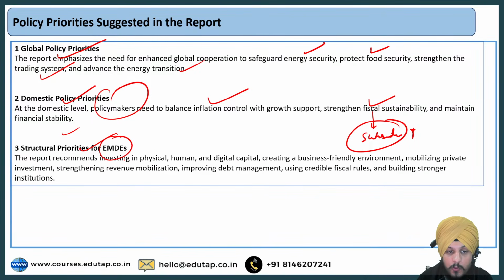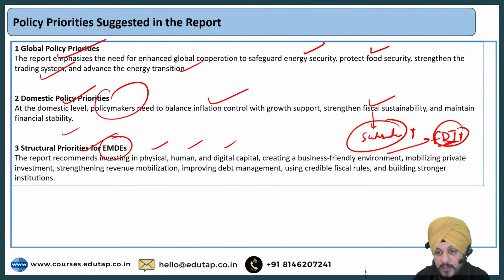The report recommends investing in physical, human, and digital capital, and creating a business-friendly environment so that, of course, the foreign direct investment can be increased in these countries, and they need to mobilize private investment, strengthen revenue mobilization, and improve debt management using credible fiscal rules. These are also measures that can be taken by the emerging market and developing economies as suggested by the report.